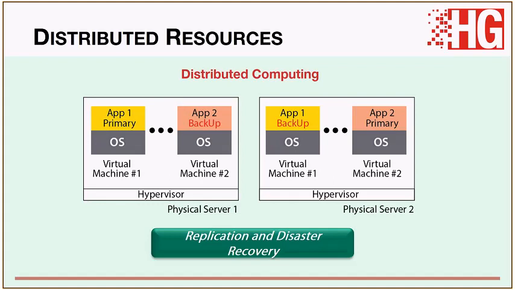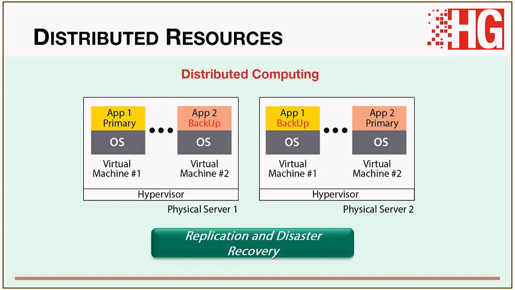But then you have a backup to that app that would be mirrored or replicated, however you want to accomplish it, on a second physical server. And then the second app is actually on that second physical server as the primary, and the backup's on the first. So if you ever lose a physical server, you're able to recover, replicate, and move on.